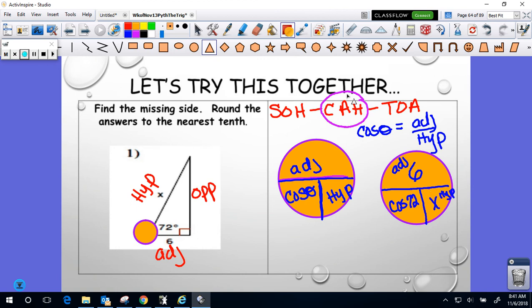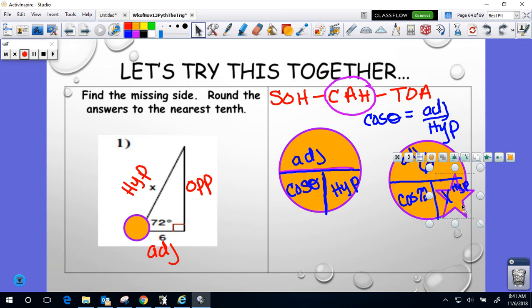And let me get a different color. Let's use a star. Give me a second. Let me fill this shape so it looks different. Oops.